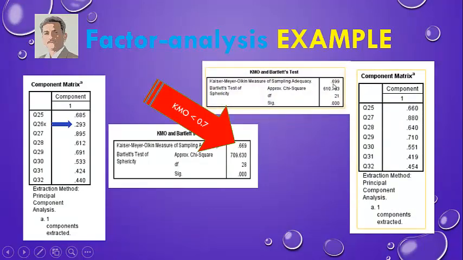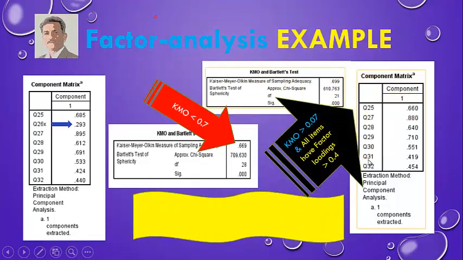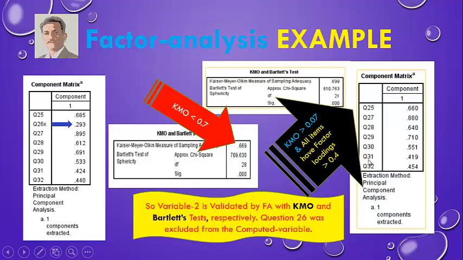Now the score was 0.699, which is acceptable, along with all the questions getting greater than the required 0.4 as the factor loading. So variable 4 is validated by factor analysis with KMO and Bartlett tests respectively. Question 26 was excluded from the computed variables.